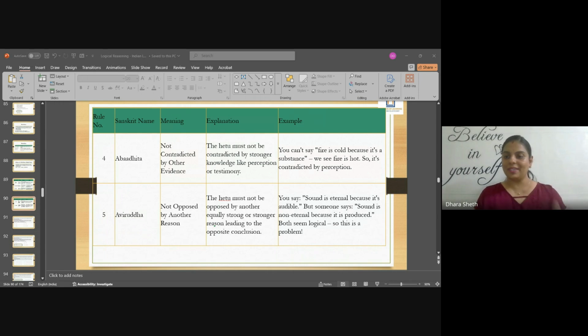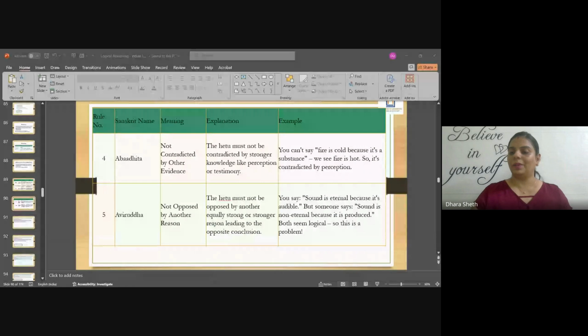Because by perception, by our touch, even if you take your hand near to the fire, you will feel hot. You will feel your skin is getting heated. So with touch, with perception, with pratyaksha, we know that fire is hot. So saying fire is cold is not correct. It should not be contradicted by any other evidence. The middle term, the reason, should not be contradicted by a stronger knowledge like perception or testimony.